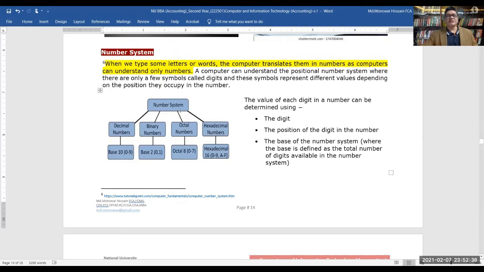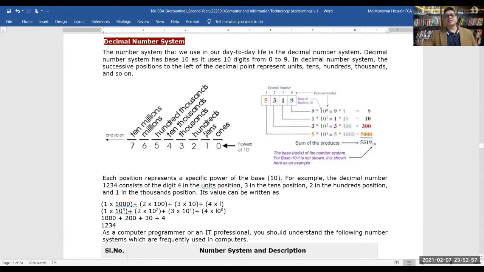If you see here, in the number system there are decimal numbers, binary numbers, octal numbers, and hexadecimal numbers. The number system that we use in our day-to-day life is the decimal number system, and it has a base of 10 as it uses 10 digits from 0 to 9.